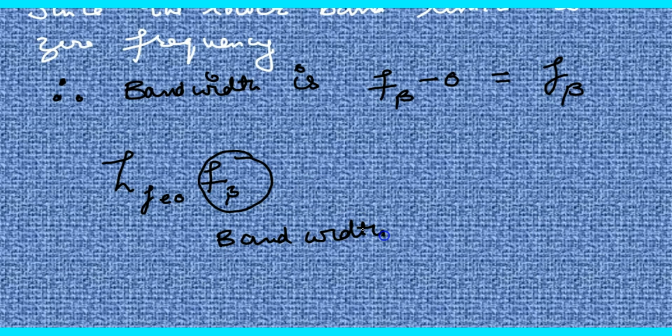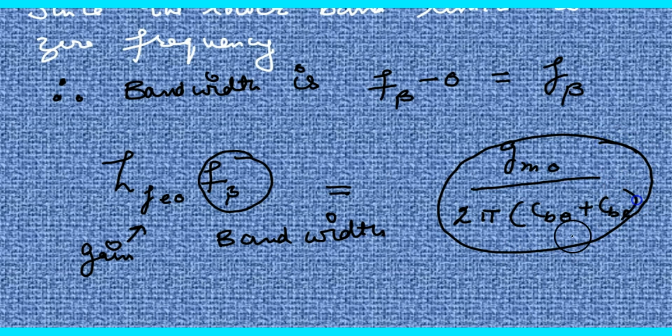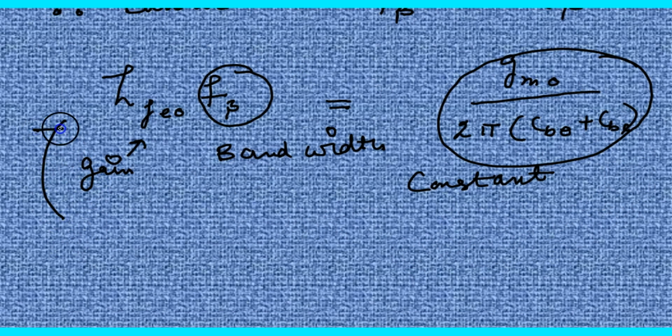For the current gain versus frequency graph, HFEO means the forward current ratio for the lower frequencies, and it is constant.